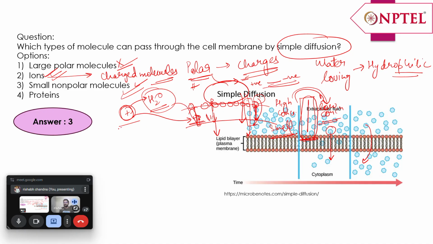That would actually cause an energy shift. That's why ions are not directly transported via simple diffusion. Okay, a very small amount, like a nanomolar amount, of ions can actually pass through, but that is not evident at all.